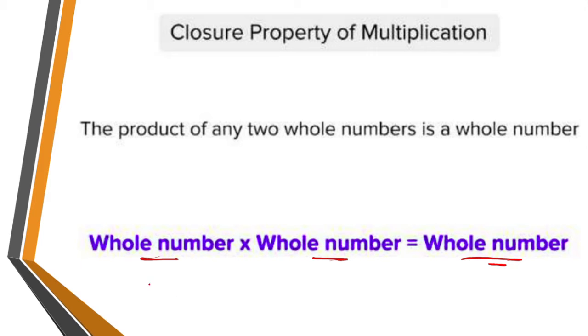Now let's take 6 multiplied by 7. So you can say 6 is a whole number, 7 is a whole number. And we took the operation as multiplication only. So 6 sevens are 42, right? Now if we take another example, 2 into 7. So 2 sevens are 14. So 2 is a whole number, 7 is a whole number, 14 is a whole number.